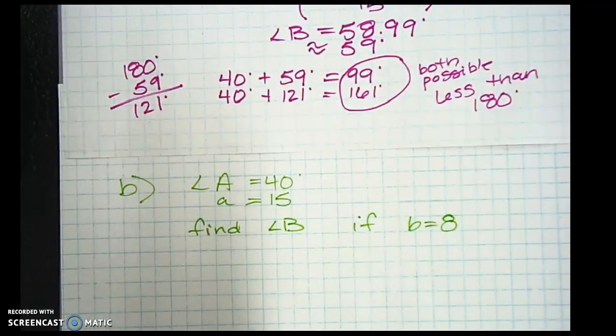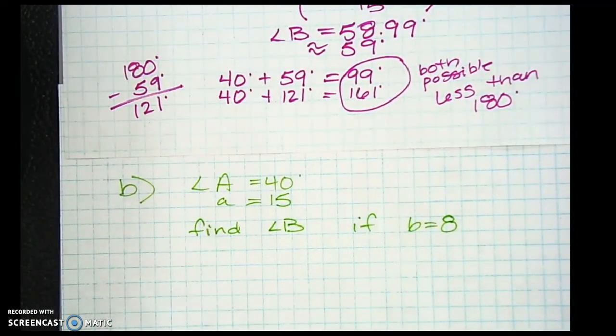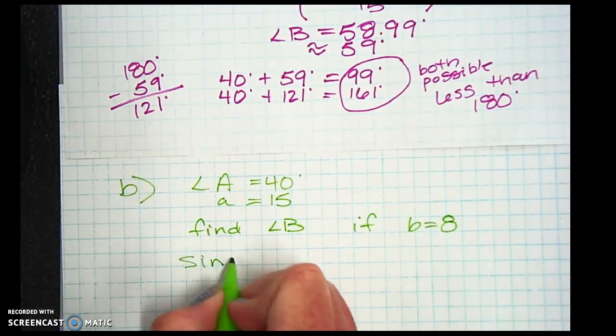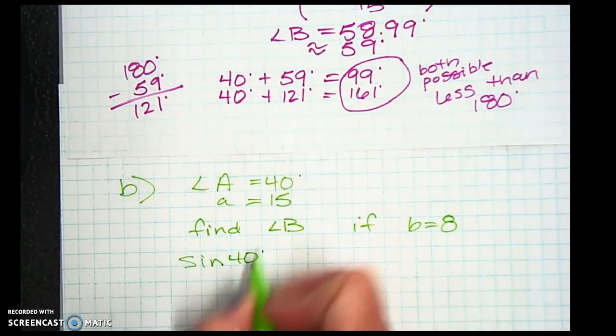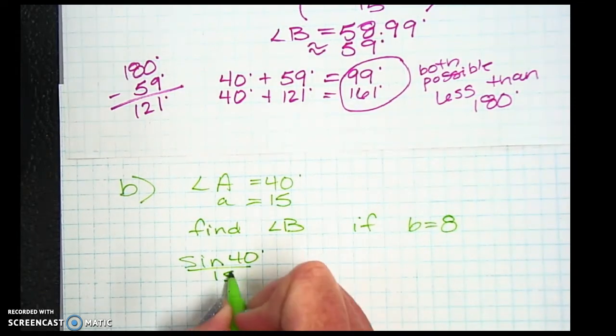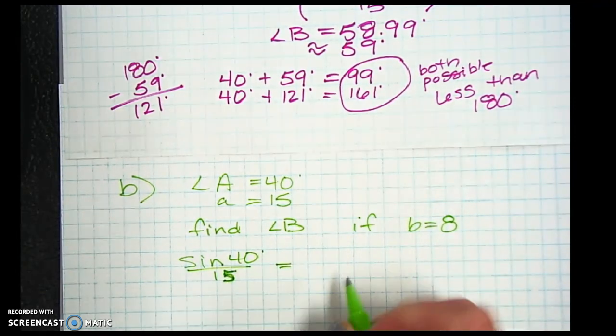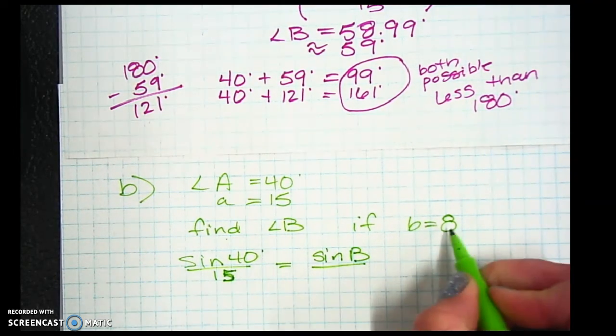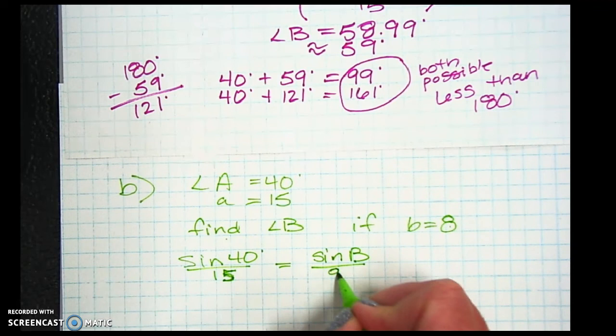Still example 1. Yes, it's 1A and 1B. You can call it example 1 and 2 if you want. Go for it. So we're going to say the sine of 40 over the opposite side 15 equal to the sine of B, which is what we're solving for, over the opposite side little b, which is 8 in this case.